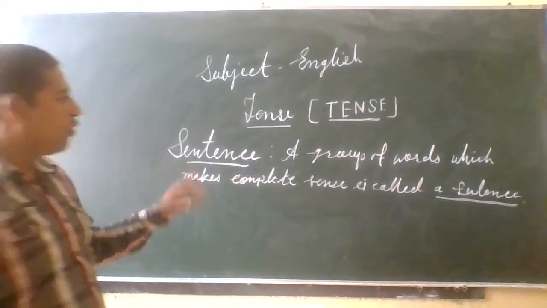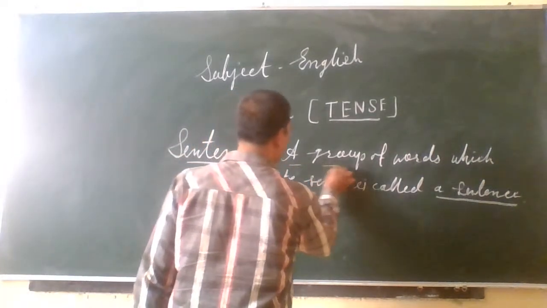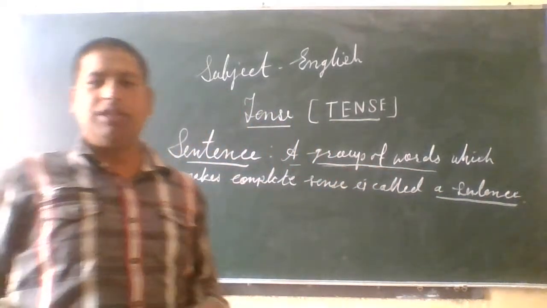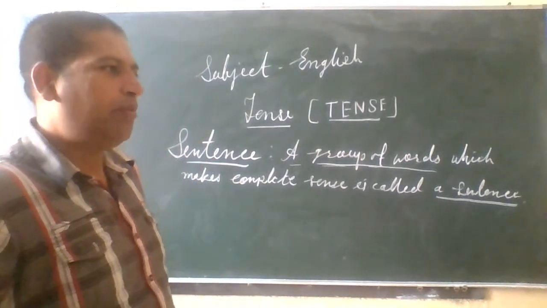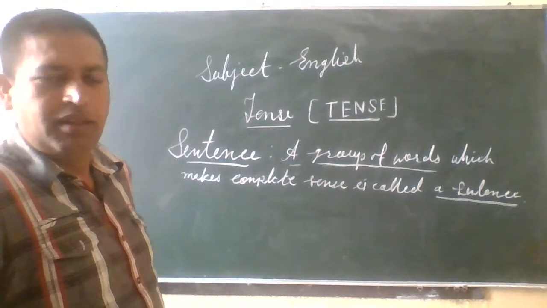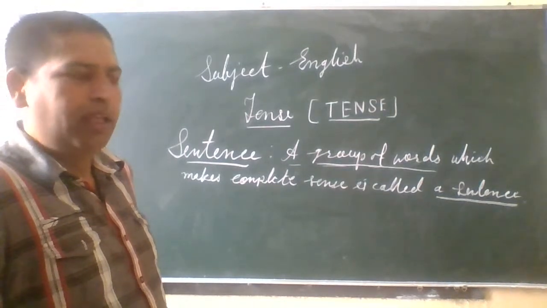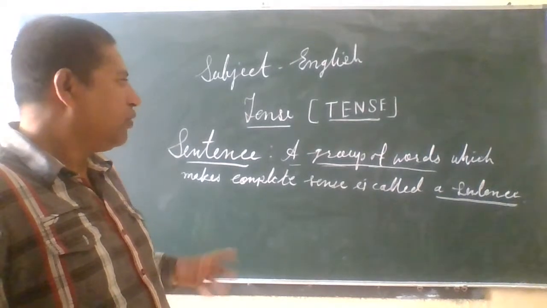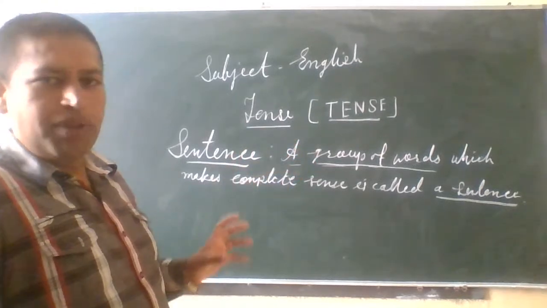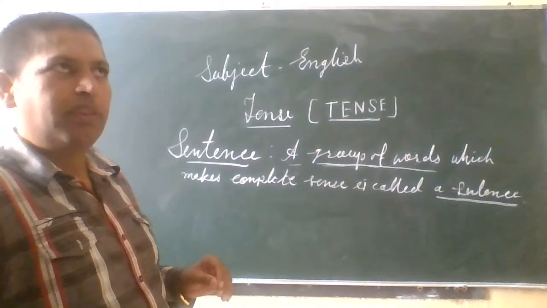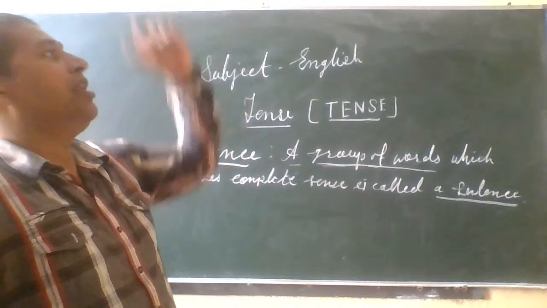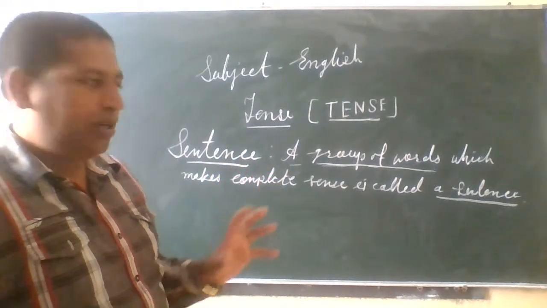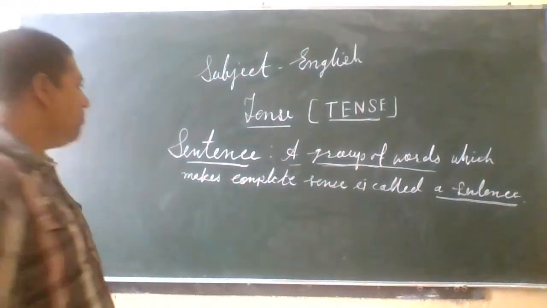Here, a sentence is a group of words. Group of words means so many words are there. For example, apple, bat, ball, cricket. We are going to connect a group of words. For example, a classroom is there. So that group is there: fan, blackboard, benches, students. This is a group of words which makes complete sense.